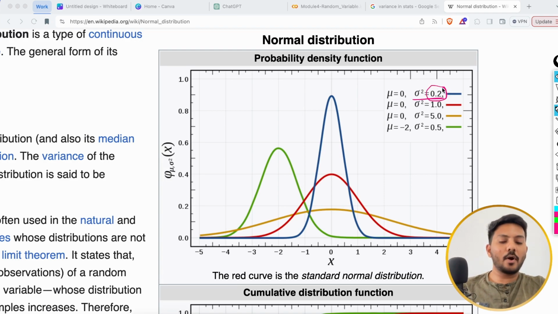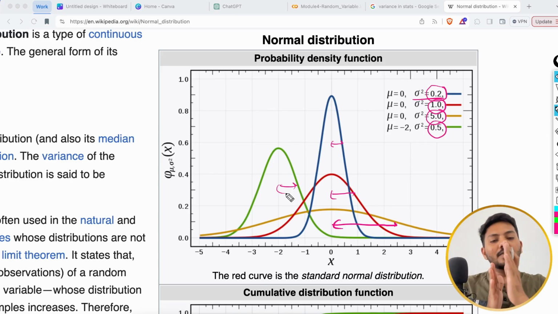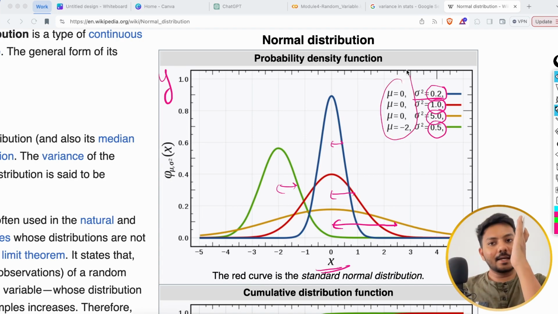If my variance is 0.2, it is very little spread, and if it is 1, it is a little more spread, and if it is 5, it is very widespread, and if it is 0.5, it is spread like this. So your variance will tell you how spread your data is from your mean. Clear? This is your y, this is your x, and let me rephrase all the properties. It is always centered on the mean, and it is symmetric across the mean, and based upon the variance value, you can see how wide or narrow your distribution plot is.